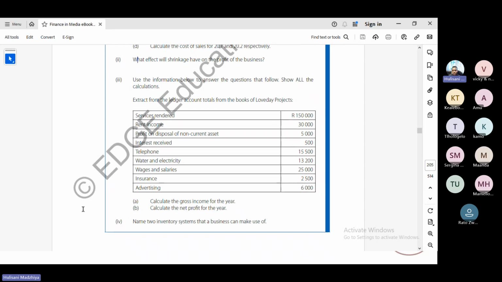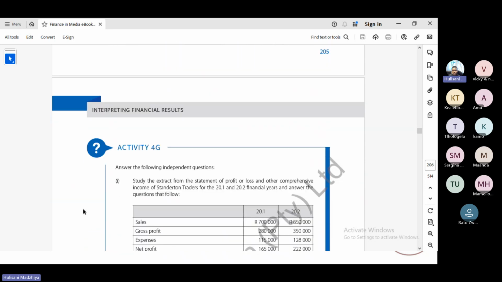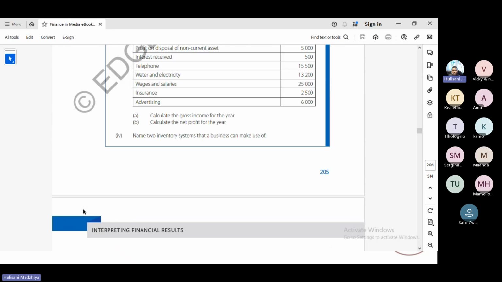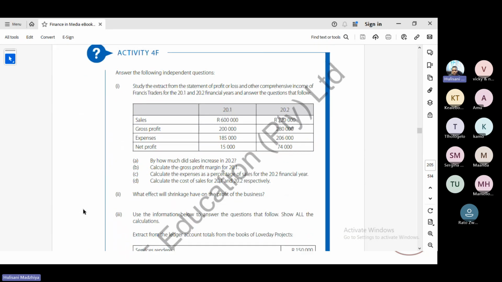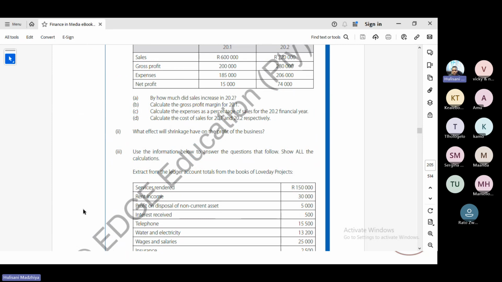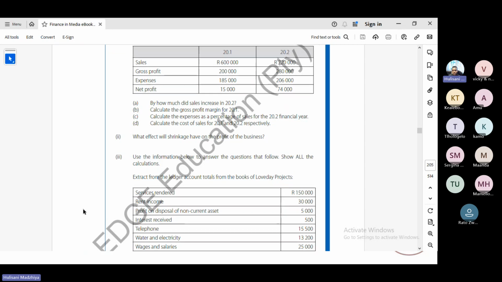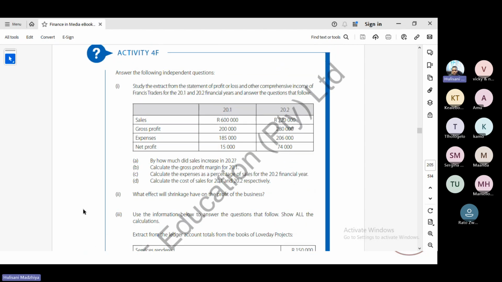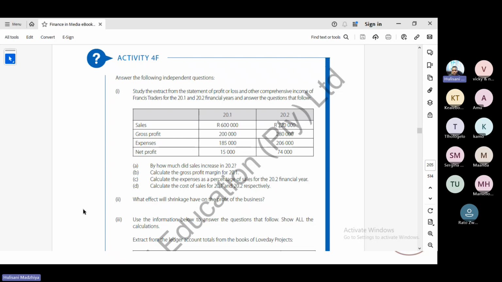So do you guys have any questions? Because I think that was the last part in terms of activity number 4F. Any questions that you do have? Please ask me any question you have in terms of 4F or whatever we just covered so far.